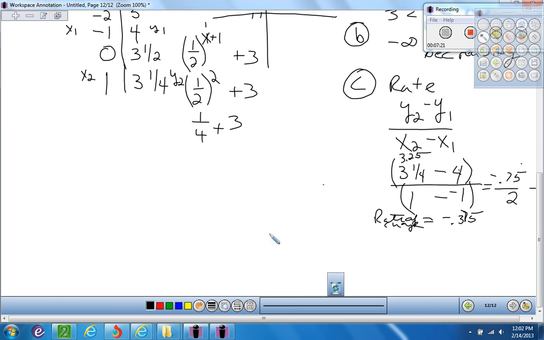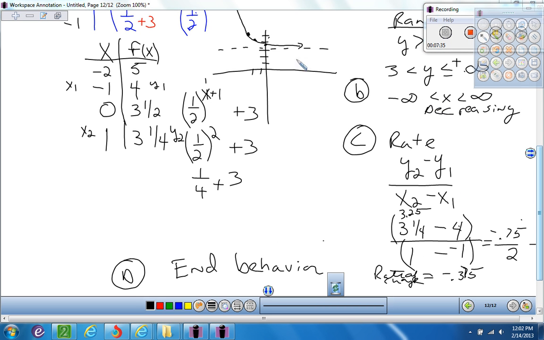All right, now the D part. Now the D asks us for the end behavior. Now we're just going to refer to our graph for the end behavior, and that'll tell us what we need to know. Now if we go up here, as x is going this way, so as x is becoming positive, so as x is going to positive infinity, what's our y's doing?